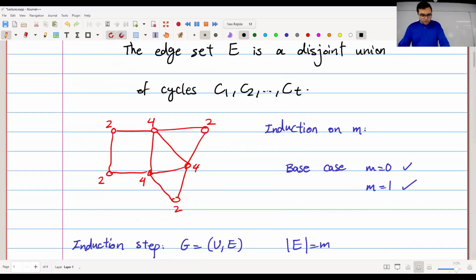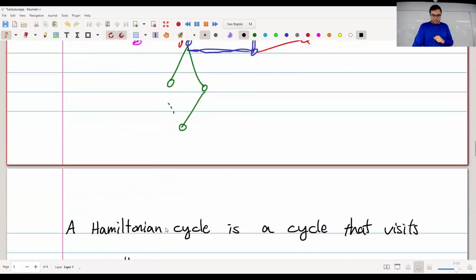Okay, so for this graph, the degree sequence would be 4, 4, 4, 2, 2, 2. Now, suppose someone gives you a sequence and asks you, is there a graph that has exactly these degrees for its vertices? How would you answer that?